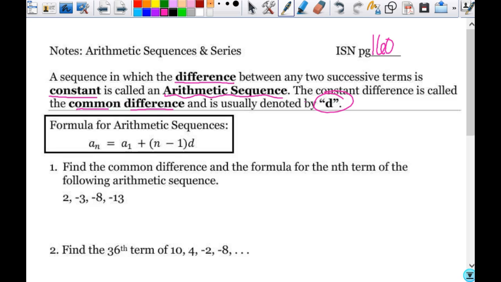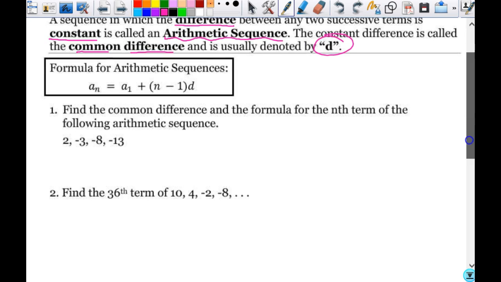Okay. So here is the formula for this, and this one I think is on your note card exactly the same. But let's talk about what n is. And remember, these are little functions, right? So this is like f of n or f of x, but we call it a sub n. It's the same thing. So the n, it just represents the term number.